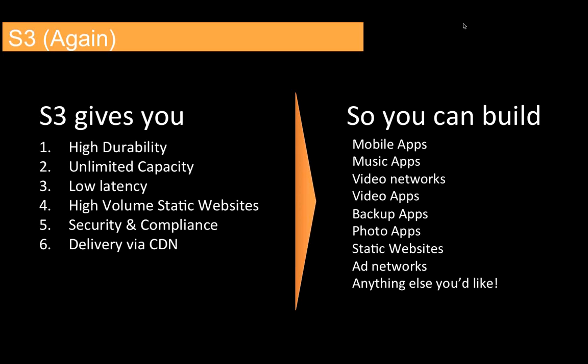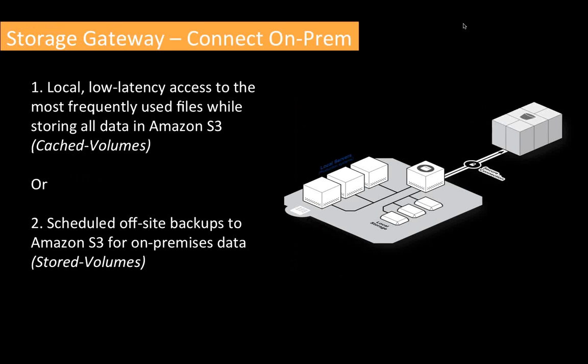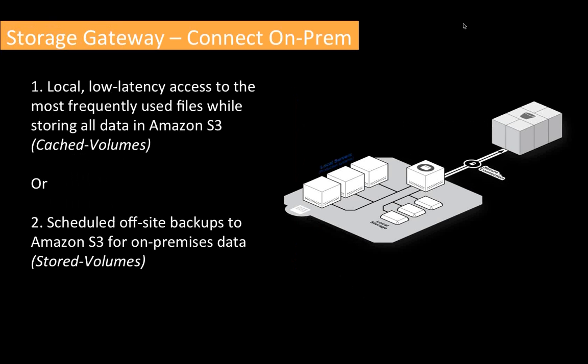Another alternative is the use of the Storage Gateway. This is a really useful capability when you have on-premises infrastructure that you'd like to back up to Amazon. It runs in a virtual machine. It can run in VMware or it can run in Hyper-V. It provides a gateway over which data is encrypted and sent directly to S3.